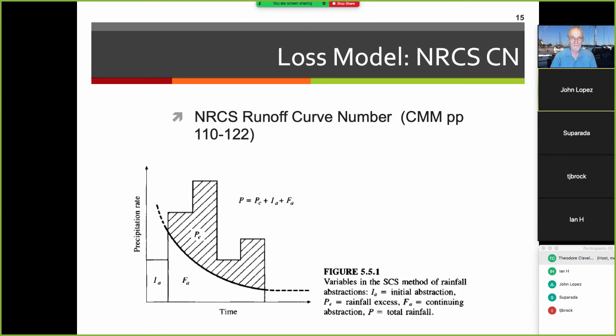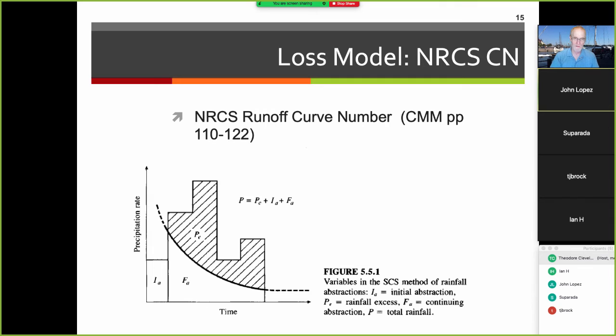It's described in detail in Chow, Maidment, and Mays on pages 110 through 122. It's also pretty much, if you type NRCS curve number method into a Google search, you'll probably get several 100,000 explanations of it.